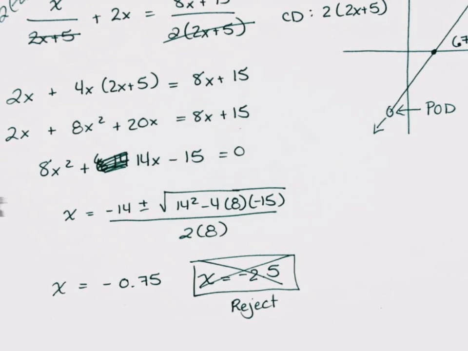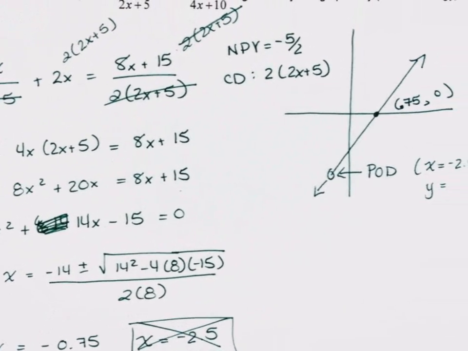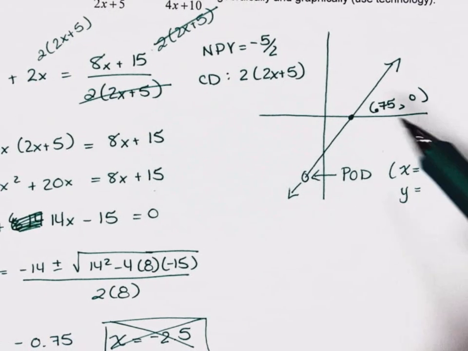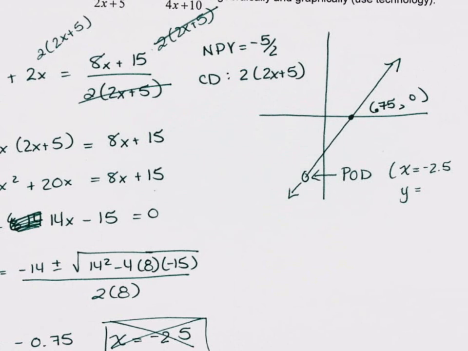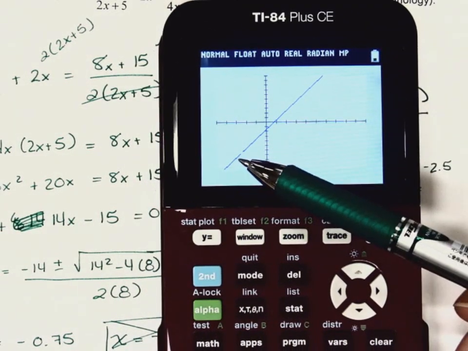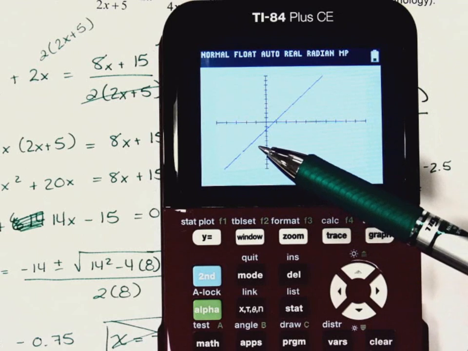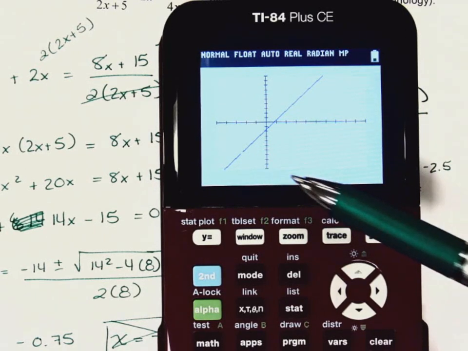And what we would see there in the actual graph is a point of discontinuity, and it's weird. On my graph, it doesn't show it, it shows it as a break in the graph. It's missing that point right there. That's at negative 2.5.